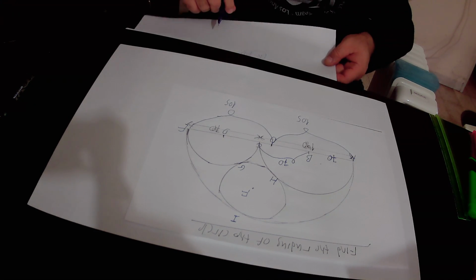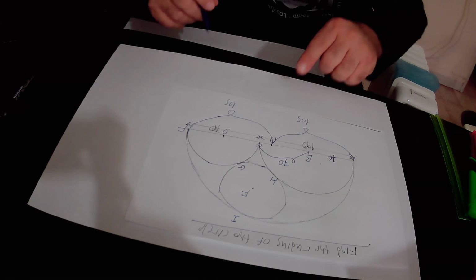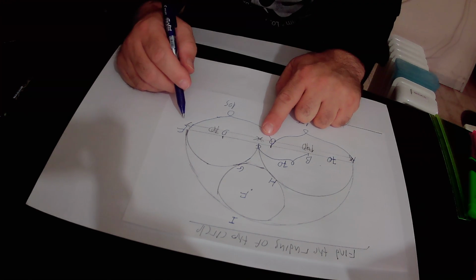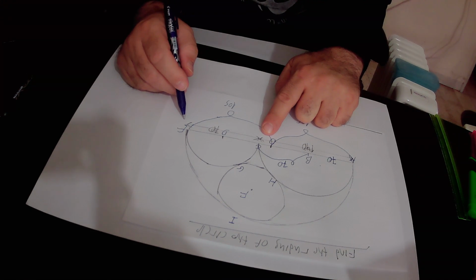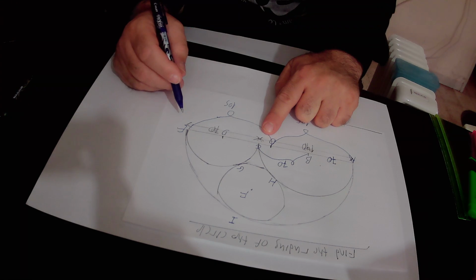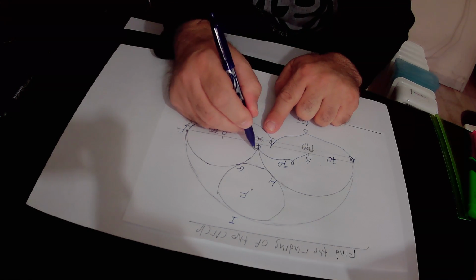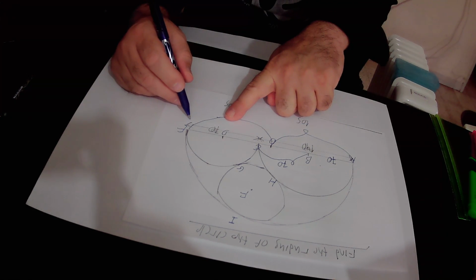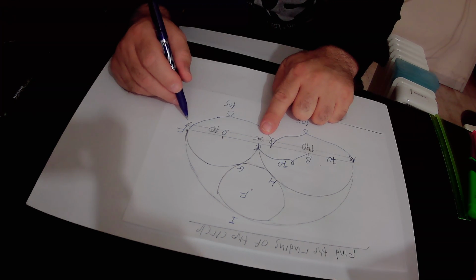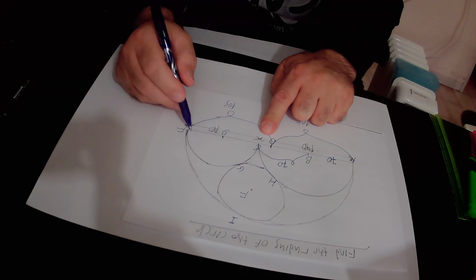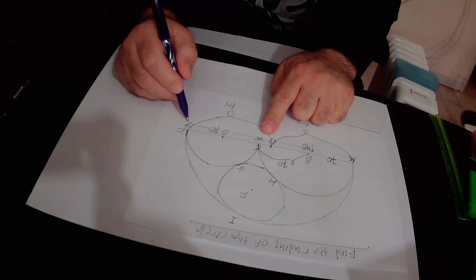Okay, so it is given in the question that line segment CE is equal to 70 units. But CE is the diameter of the smallest semicircle.